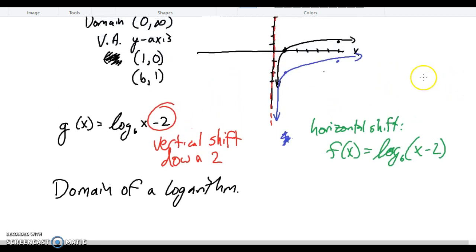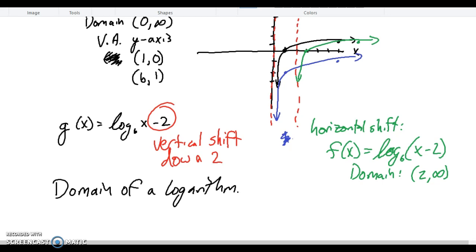That means if I played with it on this axis, 1, 2, well, the asymptote also moves to the right 2. So it is right here. We have a graph that looks roughly like that, whose domain is clearly 2 to infinity.